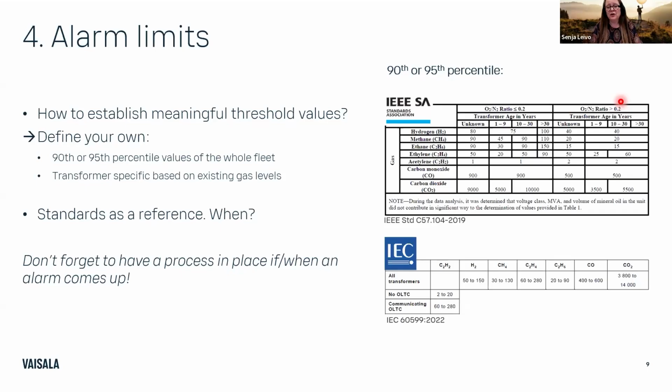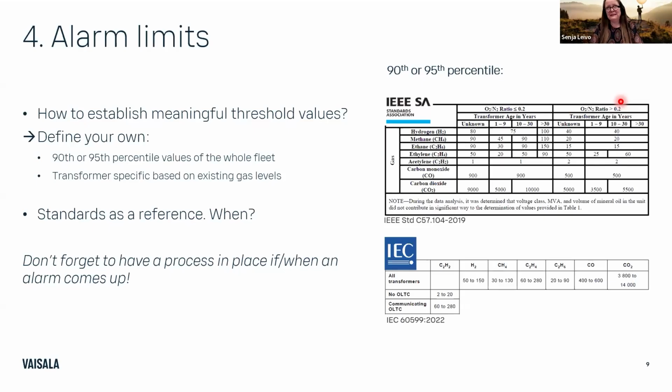A lot of people use IEEE and IEC standards, where they have these typical values. The standards actually say specifically that these are not alarm values or limit values, but still people use them.